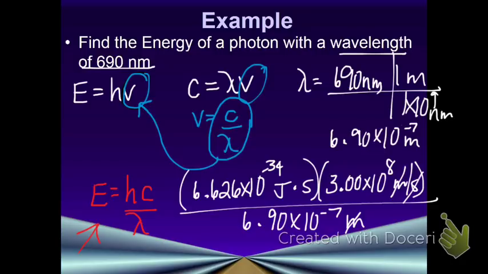Seconds cancel, meters cancel, so I'm left with the joules. And when I plug that in, I get 2.88 times 10 to the negative 19 joules. So that is my answer.